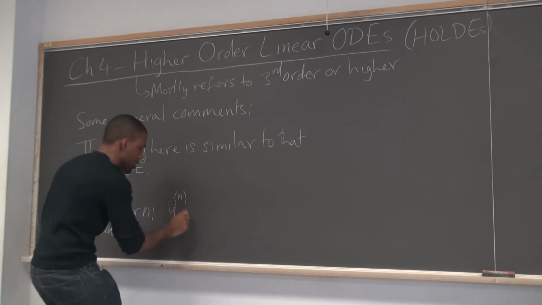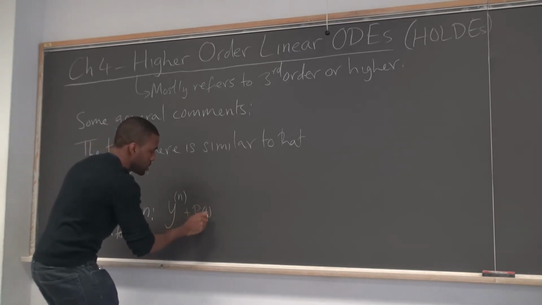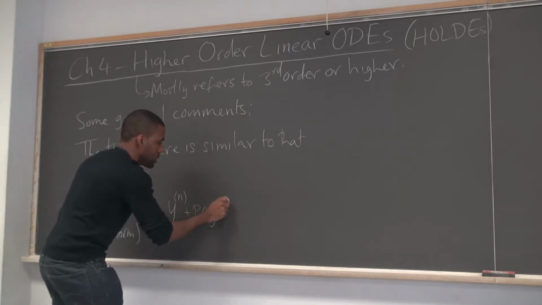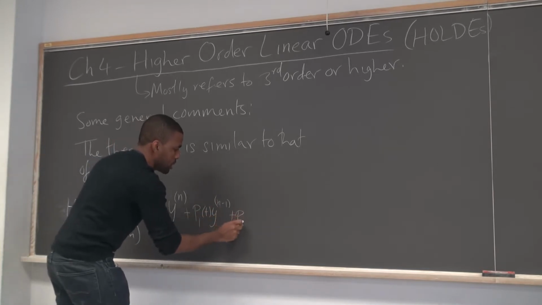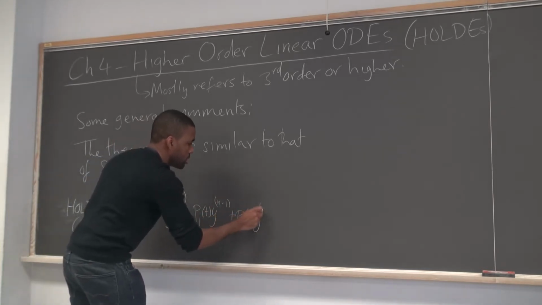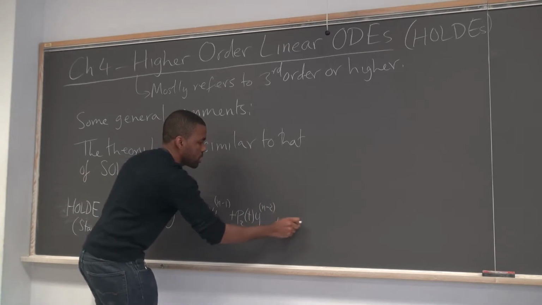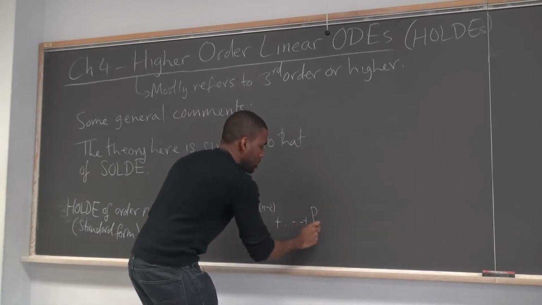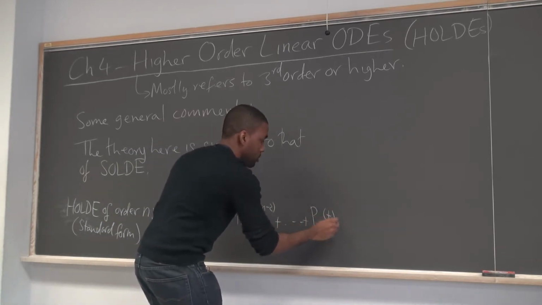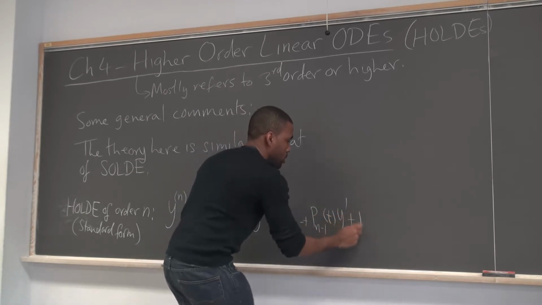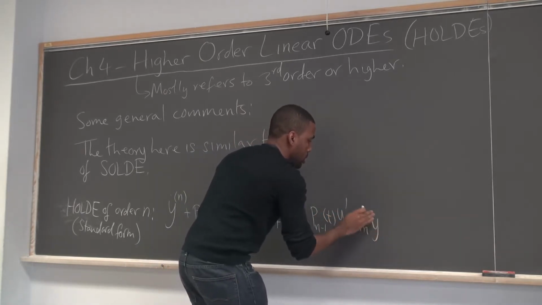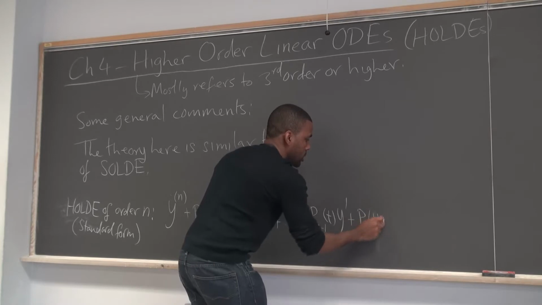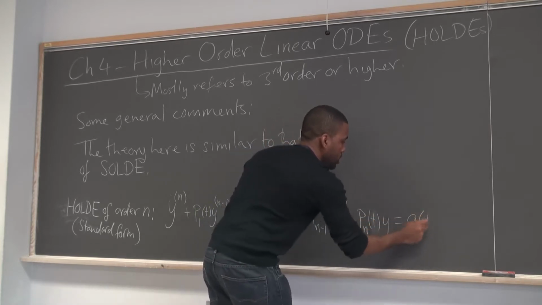So this is the nth derivative plus p1 of t times y to the n minus 1 plus p2 of t times y to the n minus 2, all the way down to p n minus 1 of t times y prime plus p n of t y equals g of t.